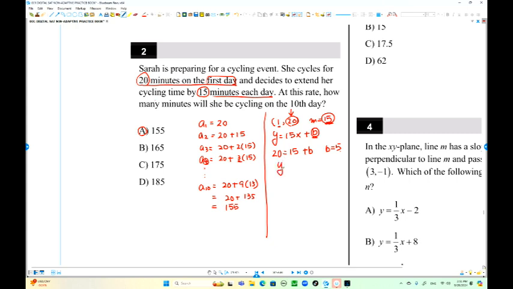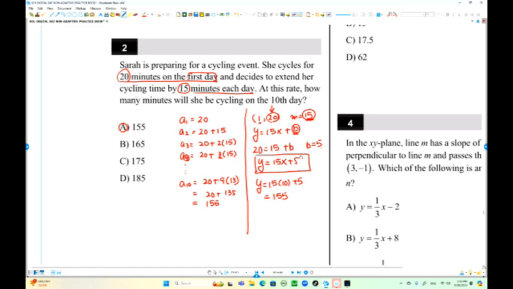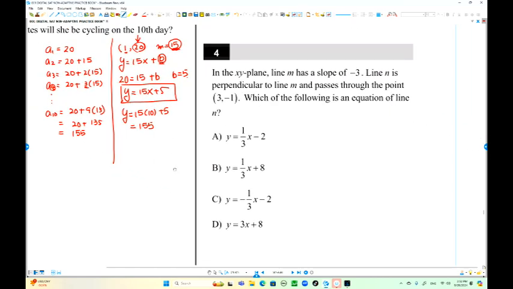So the equation for that situation is 15x plus 5. Using this, when x equals 10, the value of y is 15 times 10 plus 5, which equals 155. Okay? That's number 2.